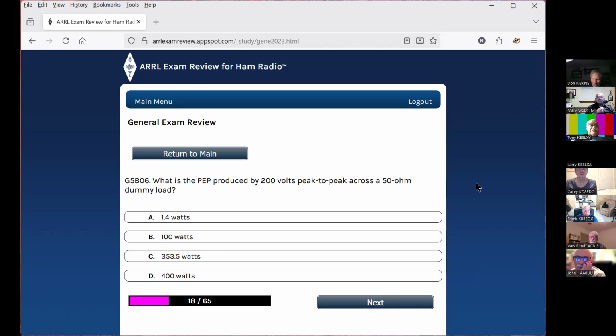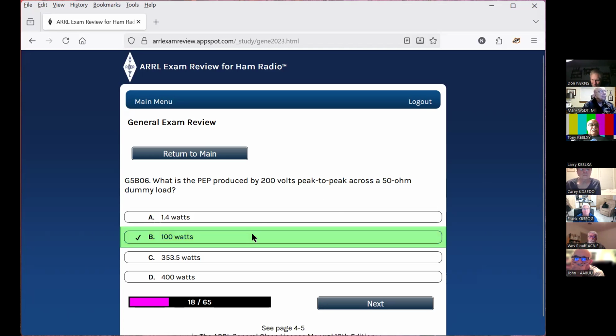This is kind of a trick question, because you have to convert the peak to peak voltage to something else. 200 times 0.7, 100 times 0.7, because it's peak to peak. I guess it'd be 100 watts probably.